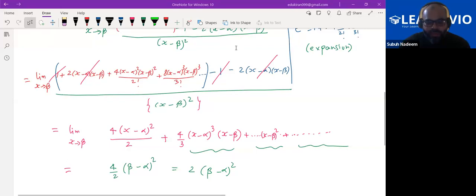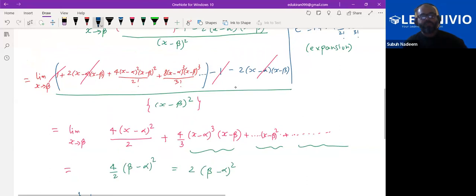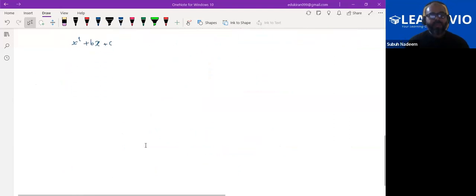So we have 2 into (beta minus alpha) whole square, and alpha beta are the roots of x square plus bx plus c.